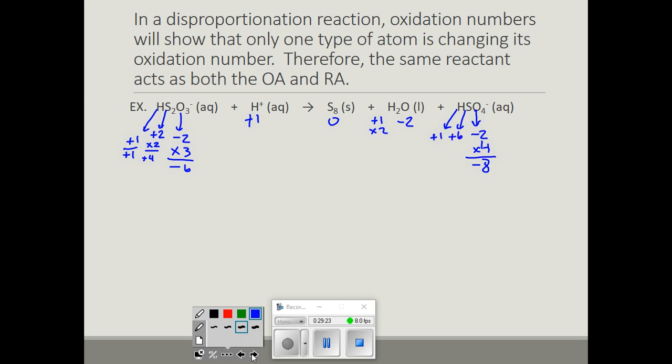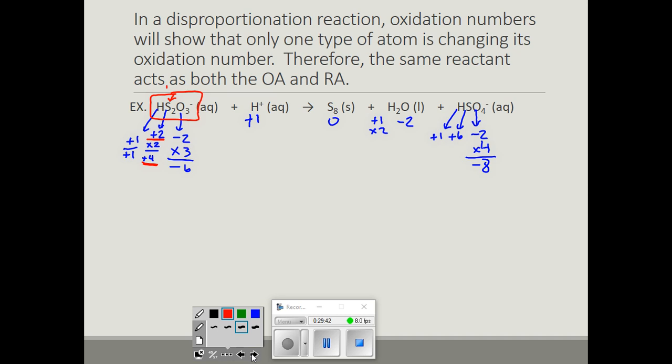So take a look at what happened. This substance contains specifically sulfur, and we said that to make those 4 positives, each sulfur had an oxidation number of +2, sorry.